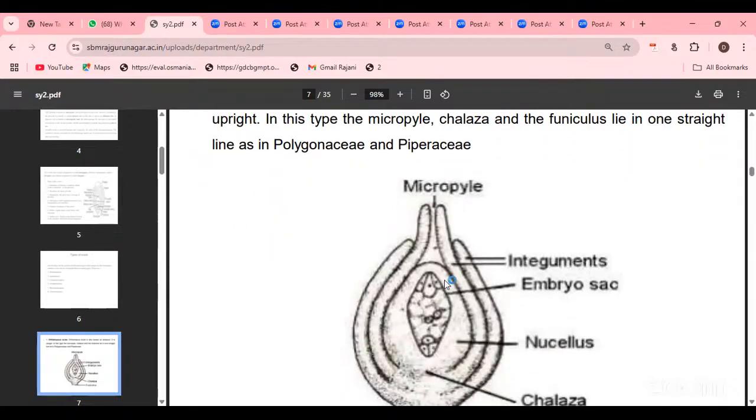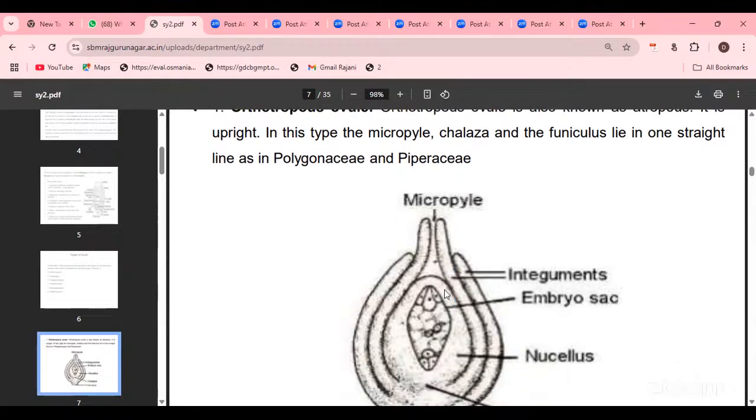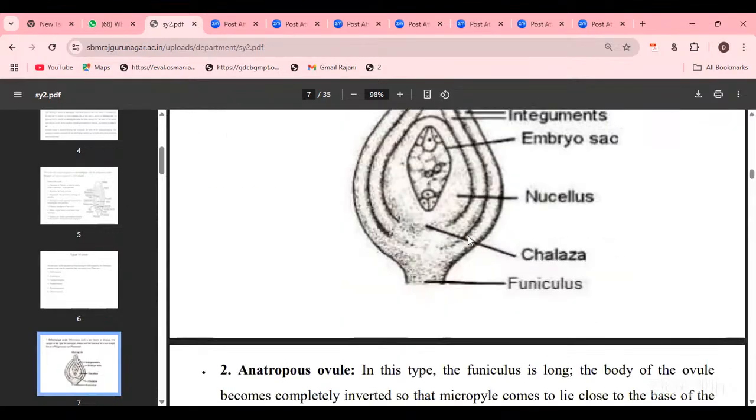This type of ovule is found in Polygonaceae and Piperaceae families. The orthotropous ovule is also called atropous.